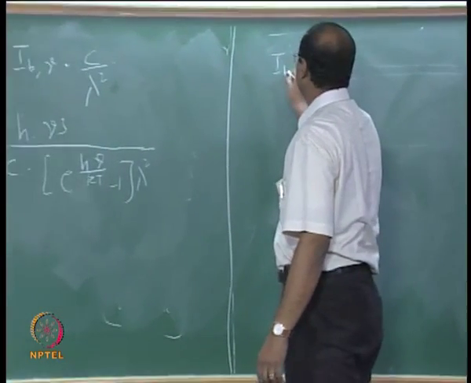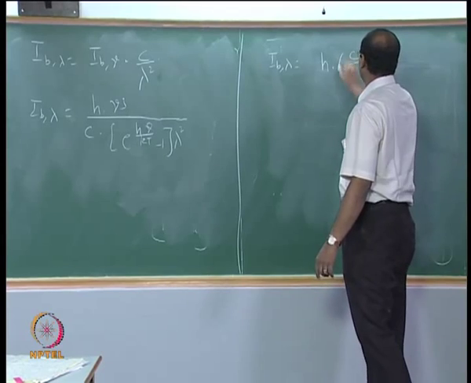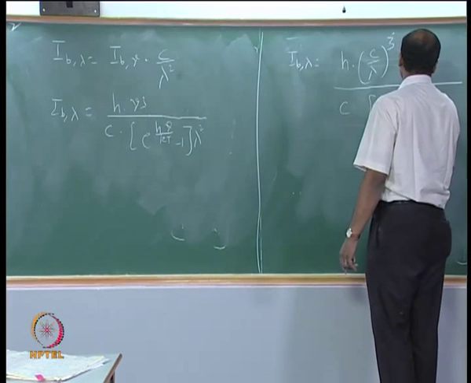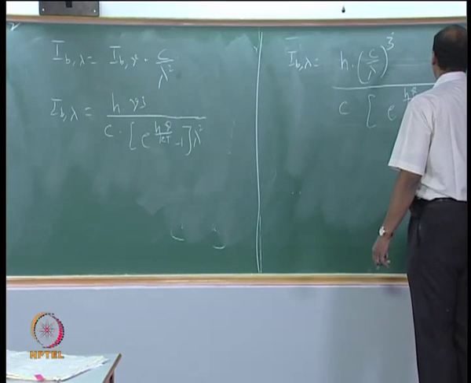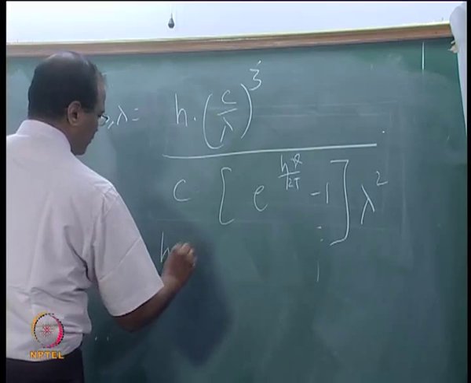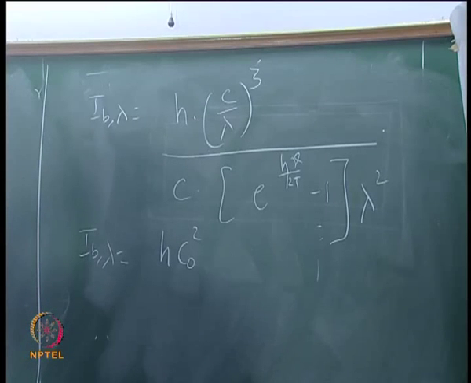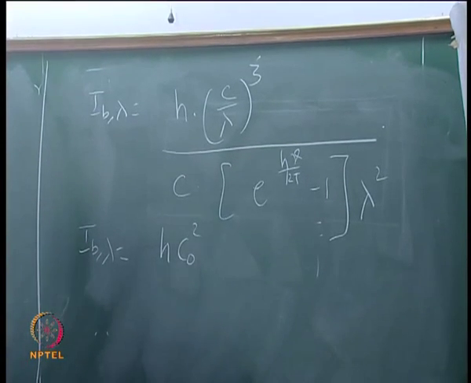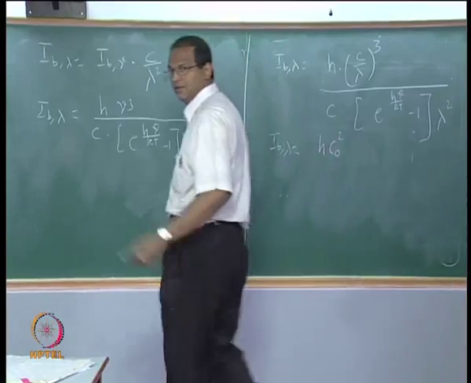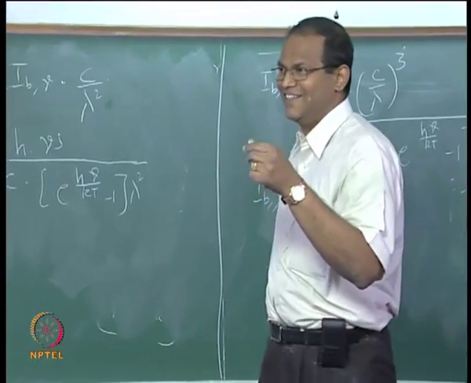Okay, so I_b lambda. We multiplied by 2 somewhere, we left that to take care of the 2 polarization, right? See, you are letting me down.